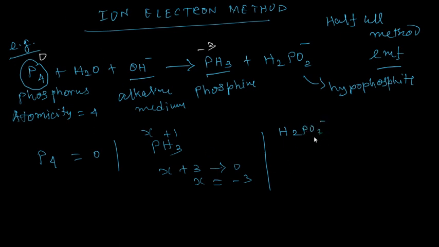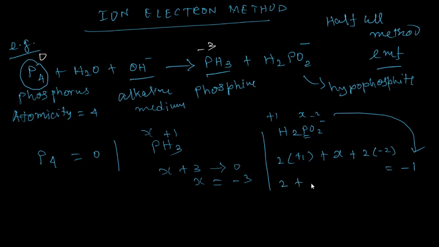So now let's find the oxidation state of phosphorus in H2PO2 minus. We have to adopt the same method. 2 into plus 1 plus X plus -2 into 2 is equal to -1. Why -1 here? Because the net charge is -1. So we are introducing -1 here.